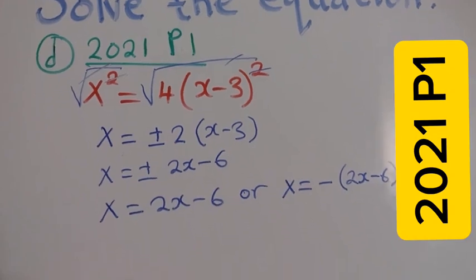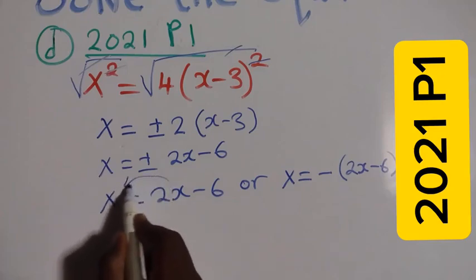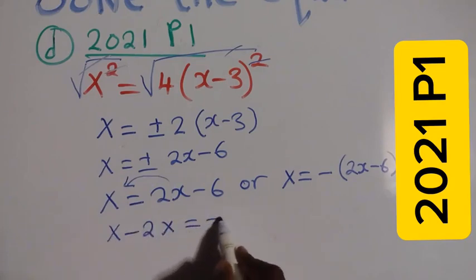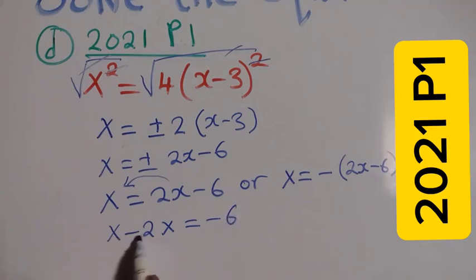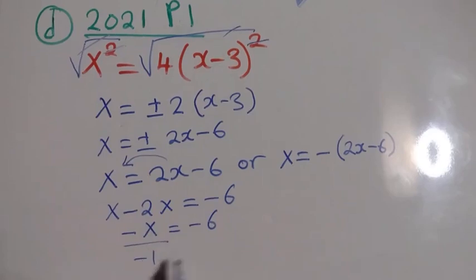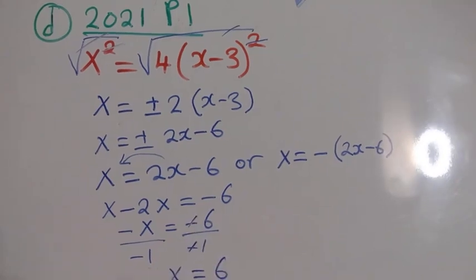Then from here, what are we going to do? So we can say this 2x goes this side, we have x minus 2x is equal to negative 6. So x minus 2x to give us negative x equal to negative 6. So to remain with x, we can divide with negative 1, even this side negative 1. So we are going to get our value, which is x is equal to 6. These negatives will cancel.